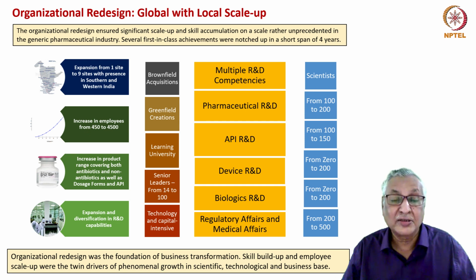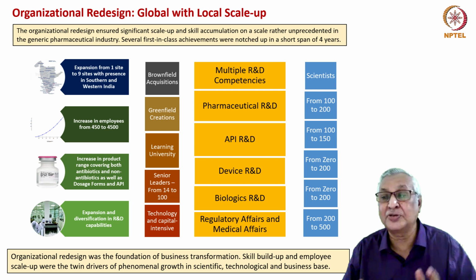Most importantly, the count of senior leaders, which was 14 at the time of acquisition of the sterile injectable business from Orchid in 2010, rose to 100 by the time I laid down my office in a formal manner. So, this kind of technology and capital intensive growth was unprecedented and was also responsible for shifting the center of gravity of Hospira to India in a manner of speaking.